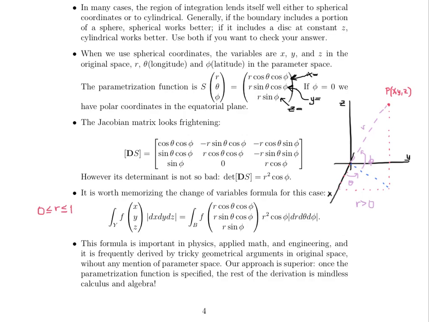Theta is going from 0 to 2 pi. And phi is going to go from negative pi over 2 to pi over 2.